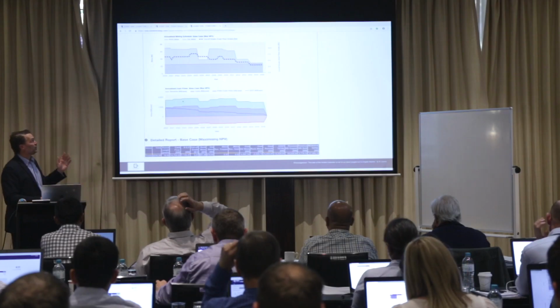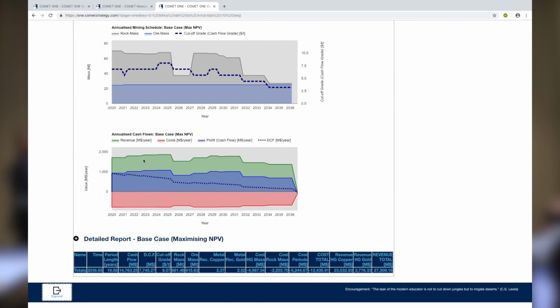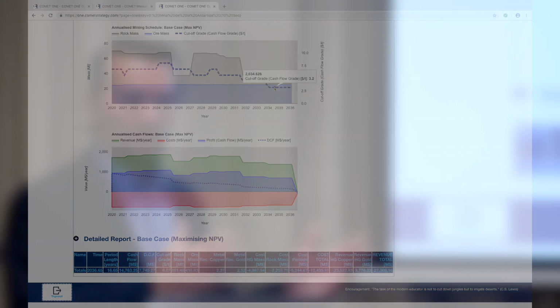We have mass plotted on the left axis, the grey being the waste, the blue being what's being processed. And then the dashed blue line is the cut-off grade policy that's being employed. Again, a variable cut-off grade, similar sort of data set to the one that I showed you before, with the example of the theory.